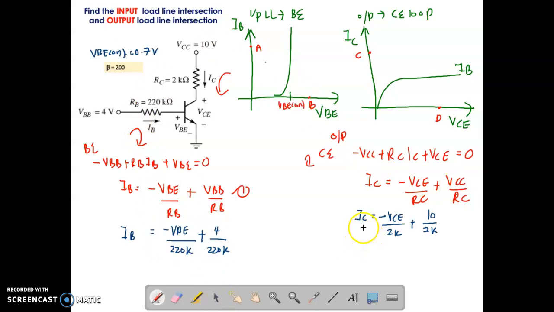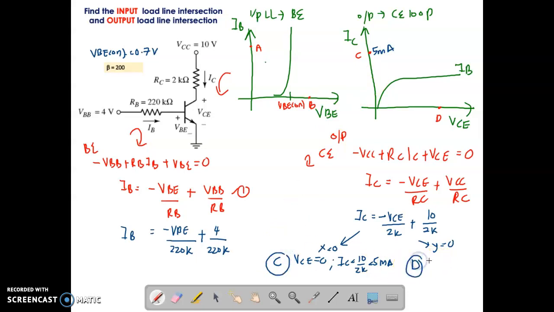In order to know the values of C and D, you need to plug in what happens when x equals 0 and what happens when y equals 0. Here, when your VCE equals 0, your IC will be 10 divided by 2K, that is 5 milliampere. So this is point C. How about point D?